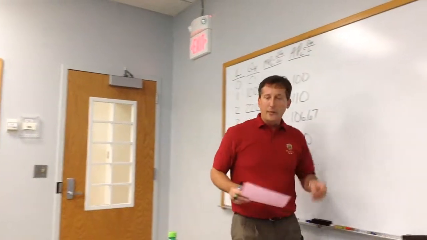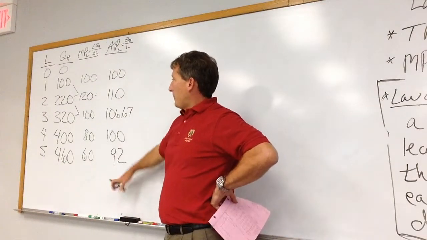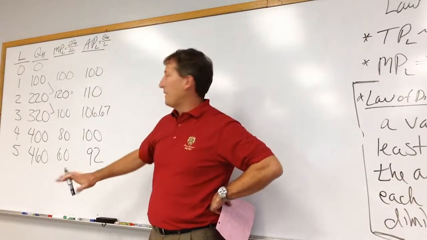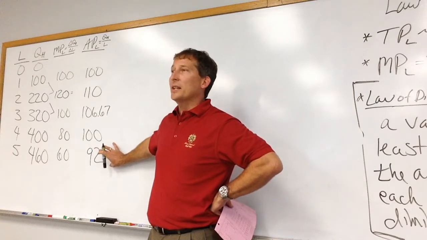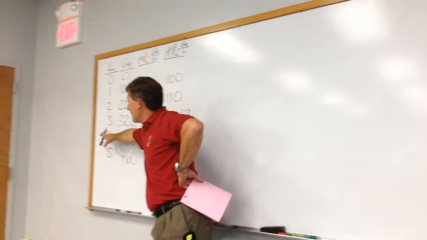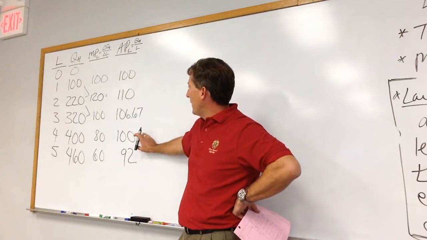All right, so one reason this is so important again is people who don't have the economic way of thinking often hang on the averages. And look at the mistake you're making here. If you are currently having 4 workers and you're like, you know what, business is kind of upticking a little bit.